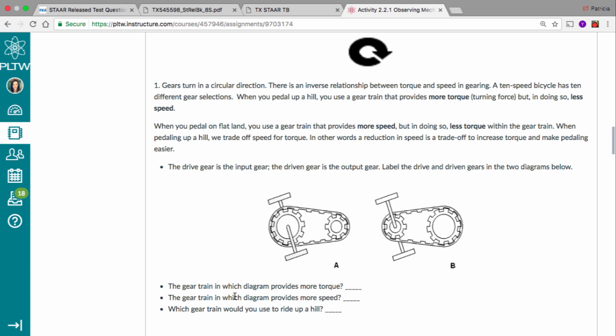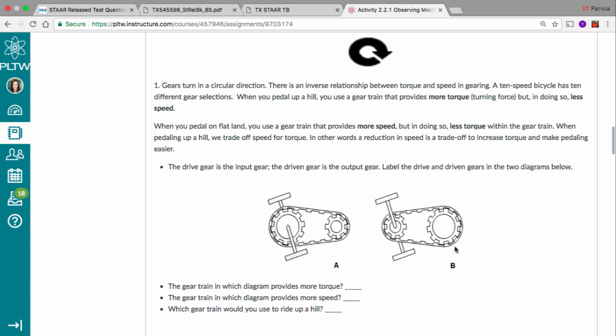Well, if we're wanting a gear that has more torque, automatically we need to look at our output. So which one is bigger? Yes, A has a bigger input, but B has a bigger output. But if you look at the 2 outputs or the 2 drivens, which one's going to move faster? A is going to move faster because it's smaller. So therefore, the answer to the first question is B.